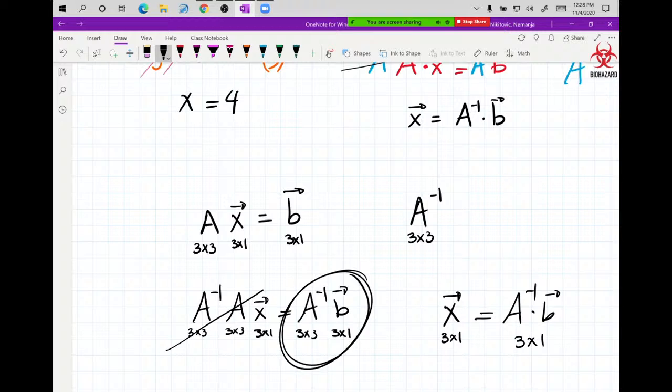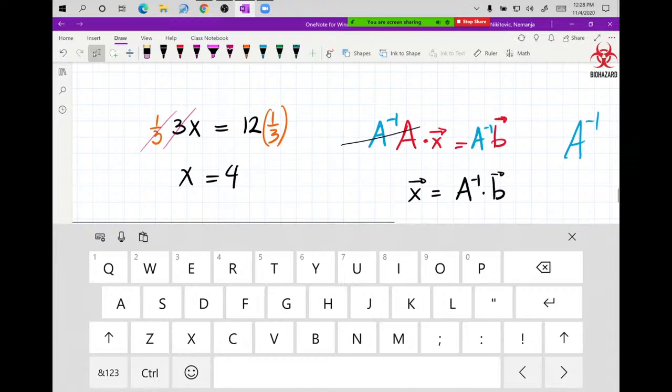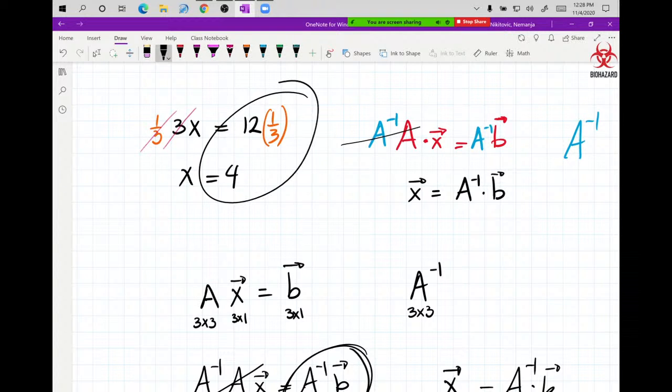So when you have an inverse matrix, your solution for those systems is as easy as multiplying some numbers. Right, before we multiplied 12 times 1/3 and we got 4.